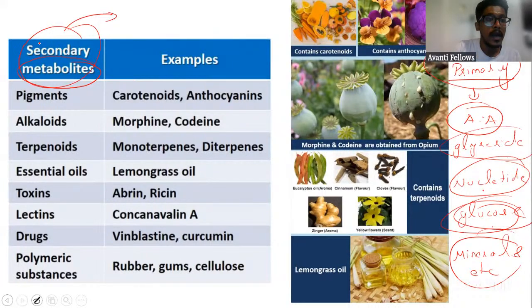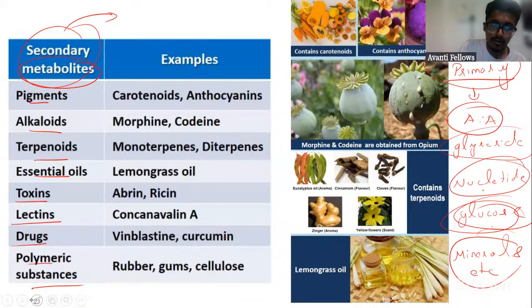What are those? We have pigments. See, secondary metabolites can be pigments, alkaloids, terpenoids, essential oils, toxins, lectins, drugs, polymeric substances. Human beings are very smart. Somehow, some of these metabolites have been used for human usage in our society, and some of the metabolites have resulted in creating deadly poisons.